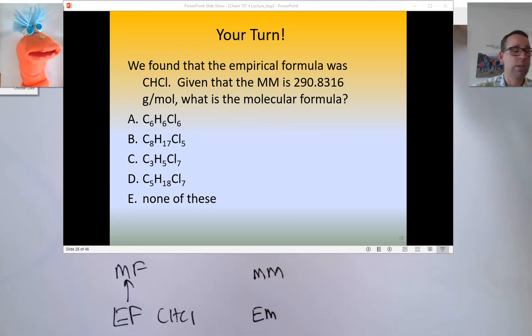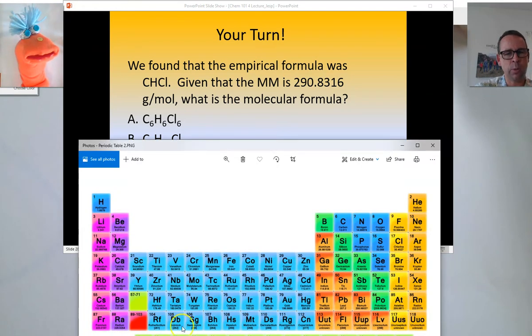Okay, very good. So, empirical mass. Now, how do we get the empirical mass? You just have to add up the empirical formula. So, carbon, 12, hydrogen, 1, chlorine, 34.5, or 35.45, 35.45.